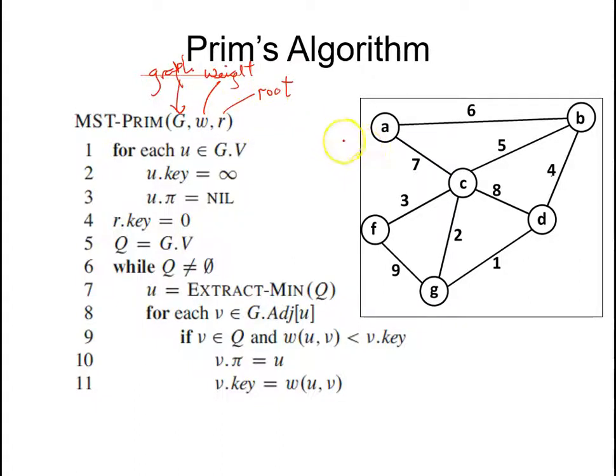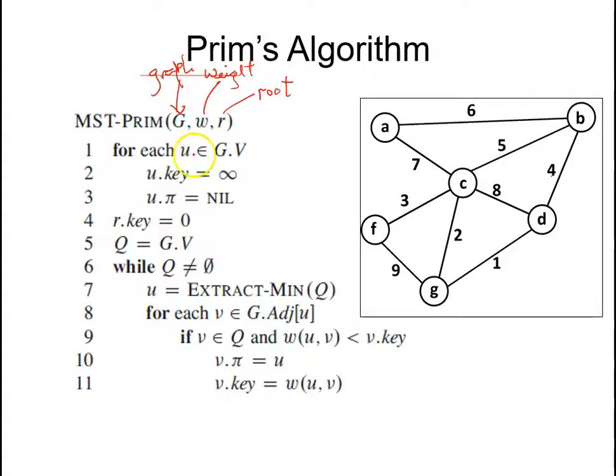We could start from any vertex and we should get the same weight minimum spanning tree. Okay. Now for each vertex in our graph, G dot V means the vertex set, the collection of vertices in our graph.